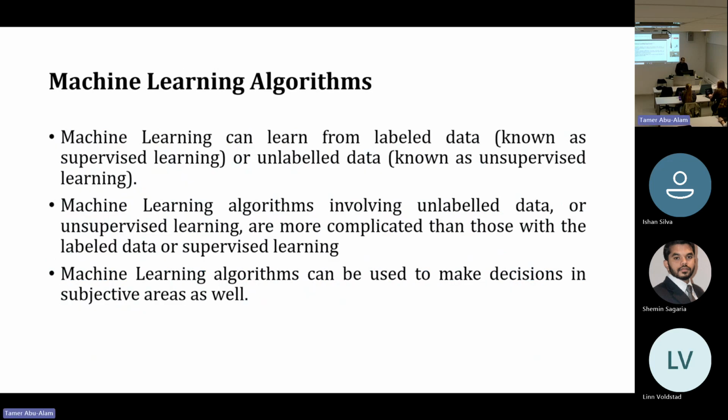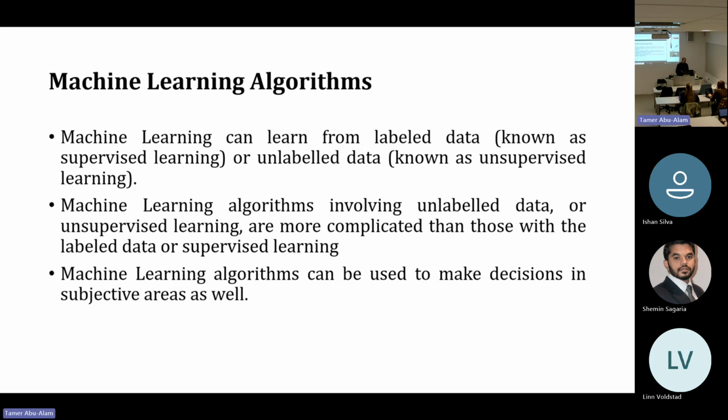Machine learning can learn from labeled data, which is supervised learning, or unlabeled data, which is unsupervised learning. We will come later to explain in more detail what supervised and unsupervised are.